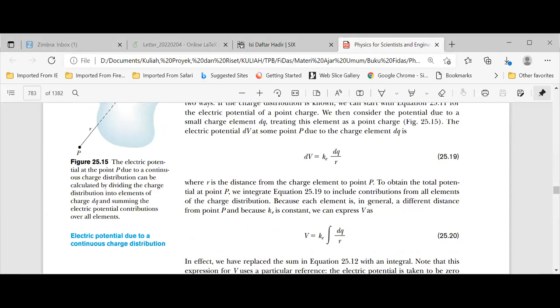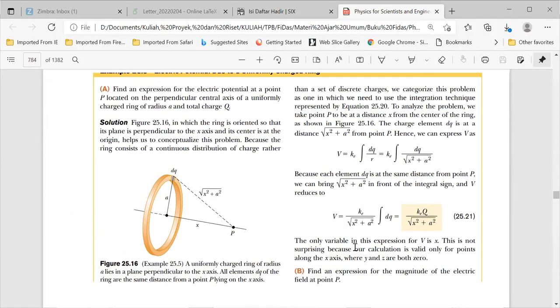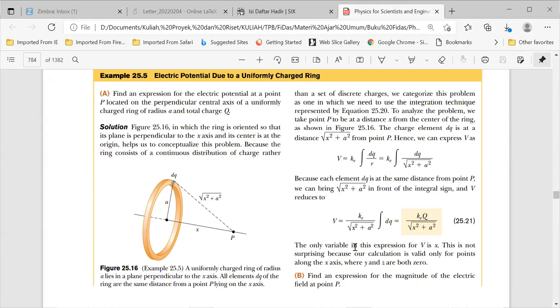Okay, let us continue to the example. Find the expression of electric potential at a point P, which is on the central axis of a uniformly charged ring of radius a and total charge Q. Basically r equals this one.